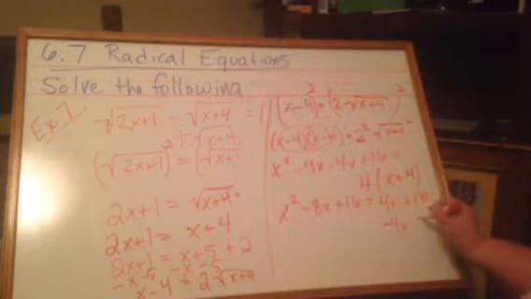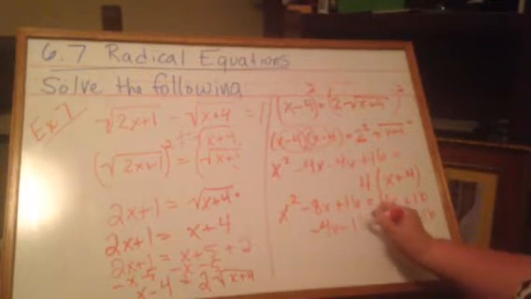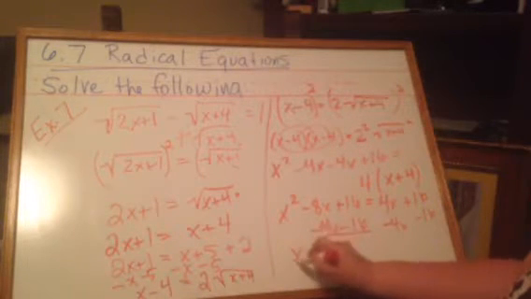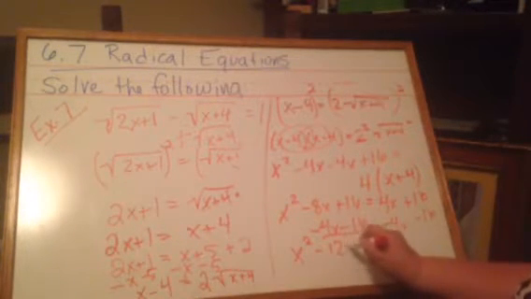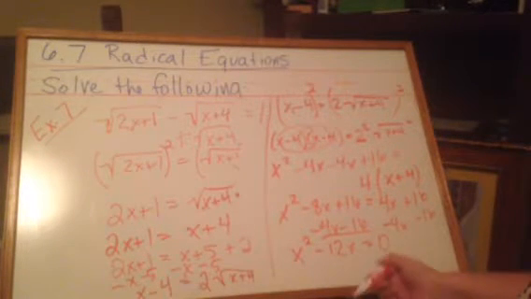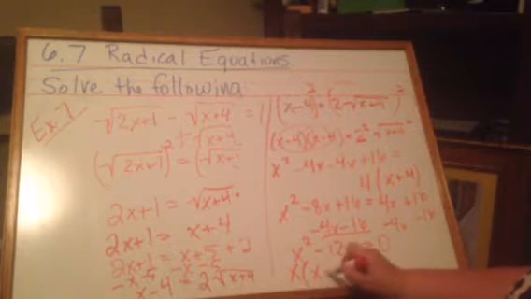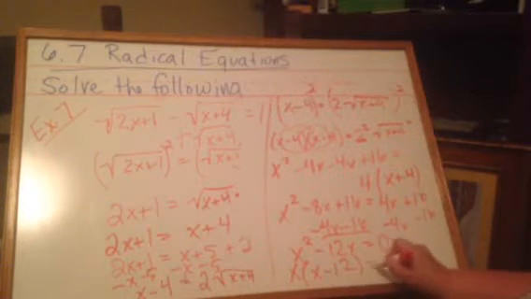So we subtract 4x and subtract 16. So we get x squared minus 12x equals 0. Well, that happened nicely. All we now have to do is factor out an x. We get x times x minus 12 equals 0.